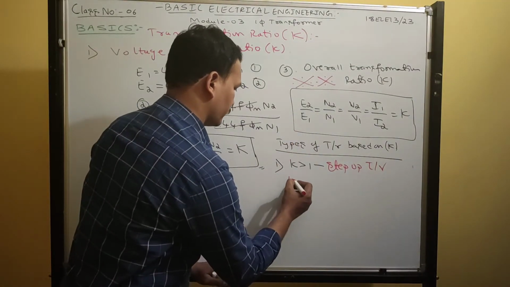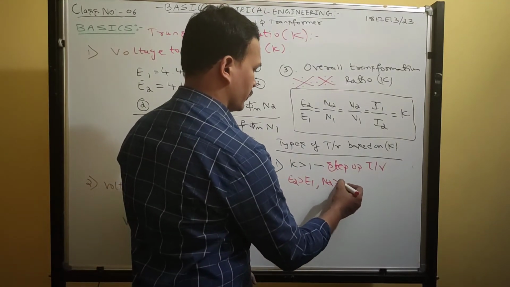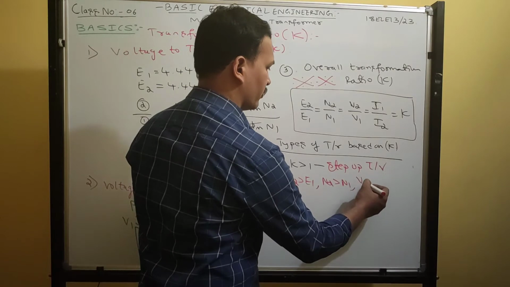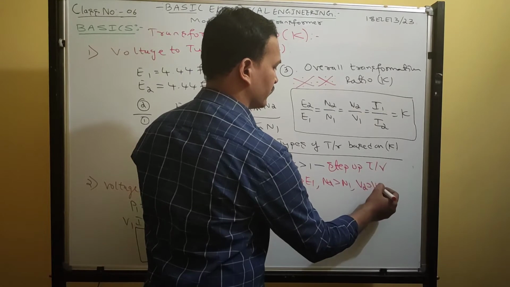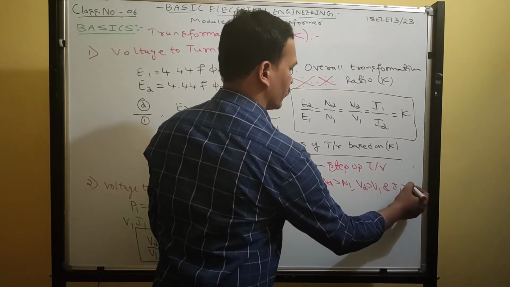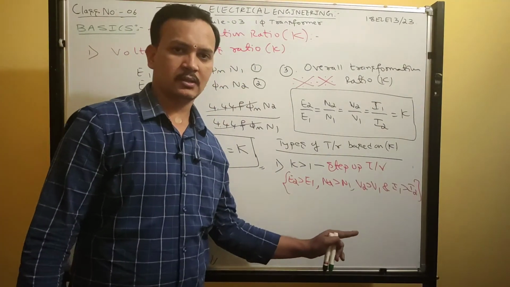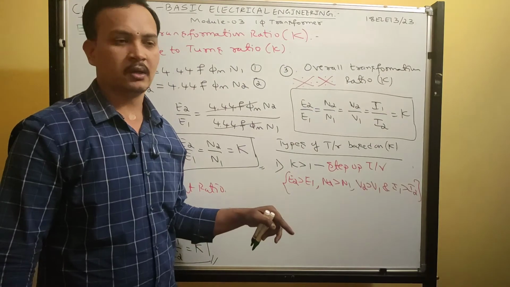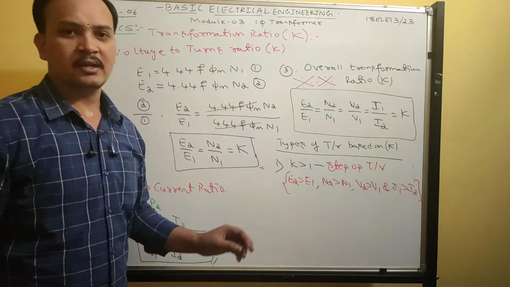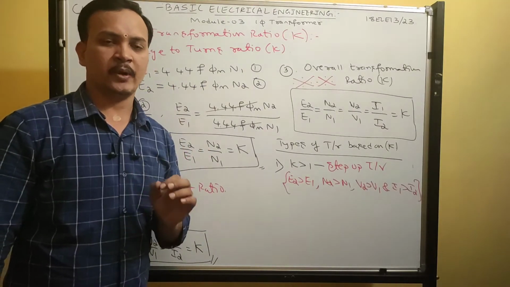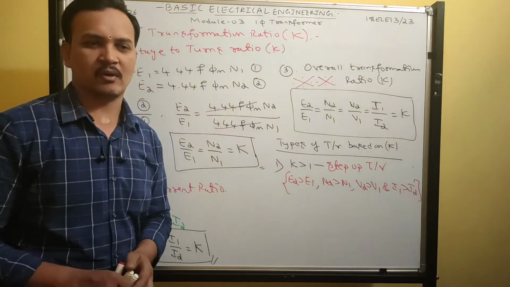We need E2 more than E1, N2 more than N1, V2 more than V1, and I1 more than I2. By satisfying these conditions, we can predict K value more than 1. If we get K value more than 1, then you can say the transformer is a step up transformer. Step up means secondary voltage will be more than primary voltage.